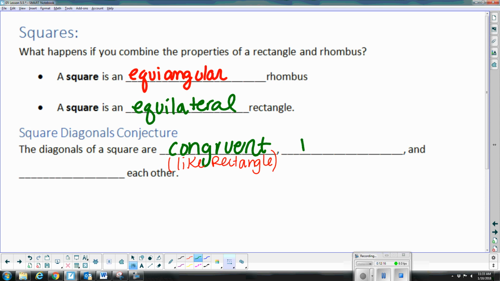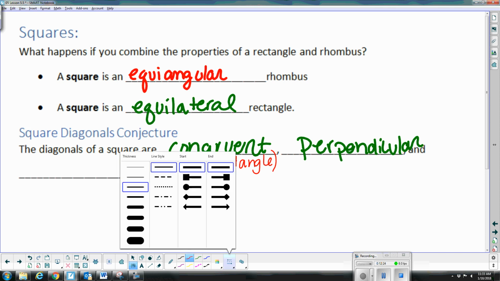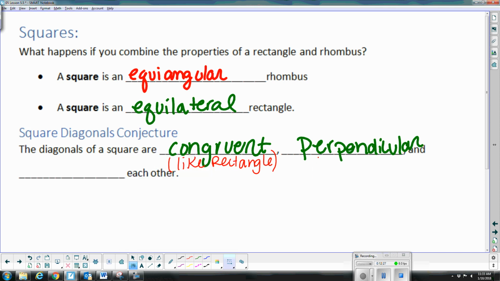They're perpendicular, like in a rhombus. And they bisect each other. And bisecting diagonals is true in both.